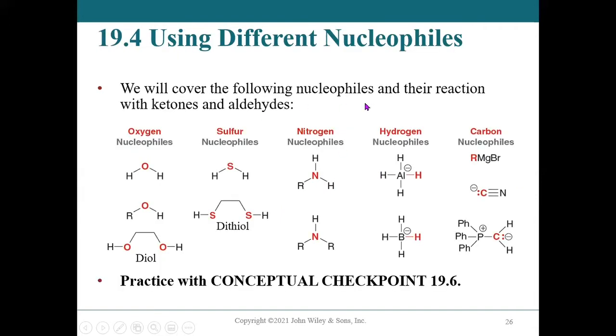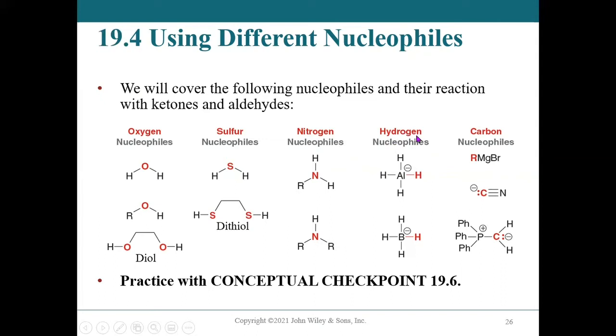We will cover the following nucleophiles and their reactions with ketones and aldehydes, organized by the active atom. Oxygen nucleophiles: water, alcohol, diols. Sulfur nucleophiles: H2S, dithiols. Nitrogen nucleophiles: amine, primary amine, secondary amine.